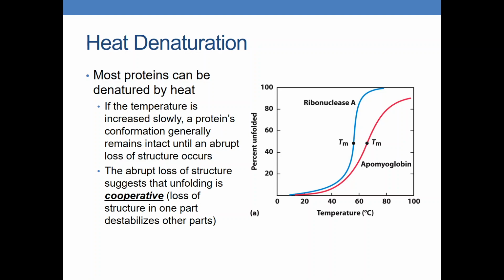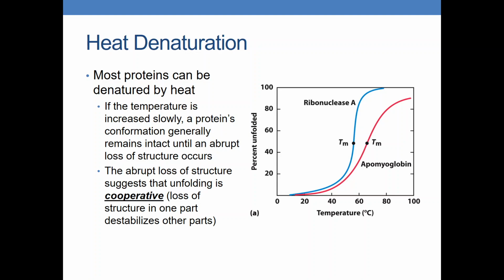So by increasing the temperature, I can pretty readily disrupt non-covalent interactions that support protein structure and therefore push the system towards forming more unfolded protein. If you want to think about this in different terms, this really is an equilibrium between unfolded and folded states, and heat pushes that equilibrium back towards the unfolded state.